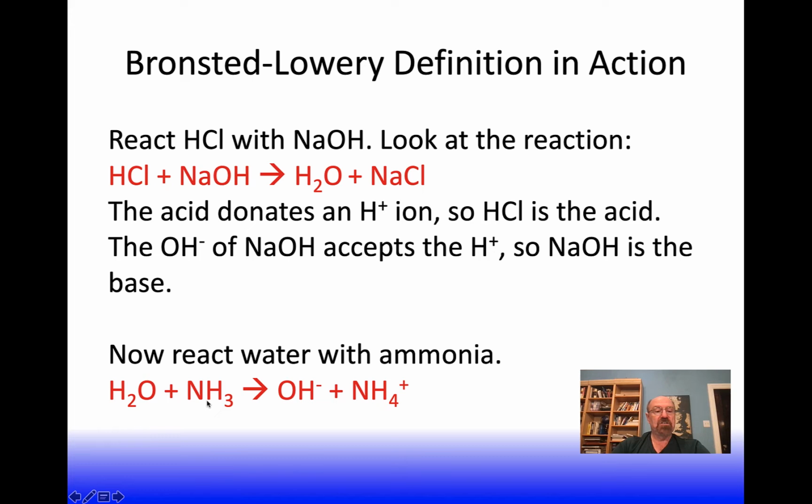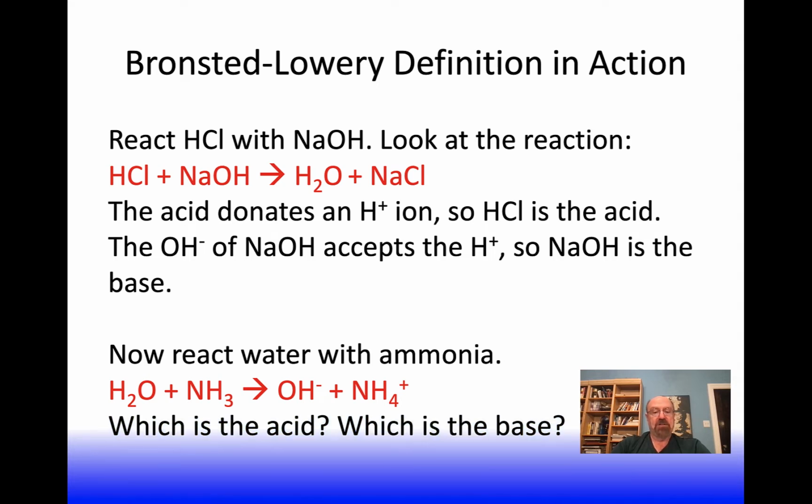So it looks like the water is acting as an acid, all right? And the ammonia is accepting that hydrogen ion, forming ammonium ion, so it's acting like a base. So water is the acid, ammonia is the base. Again, it's a functional definition looking at what happens in a chemical reaction between acids and bases.